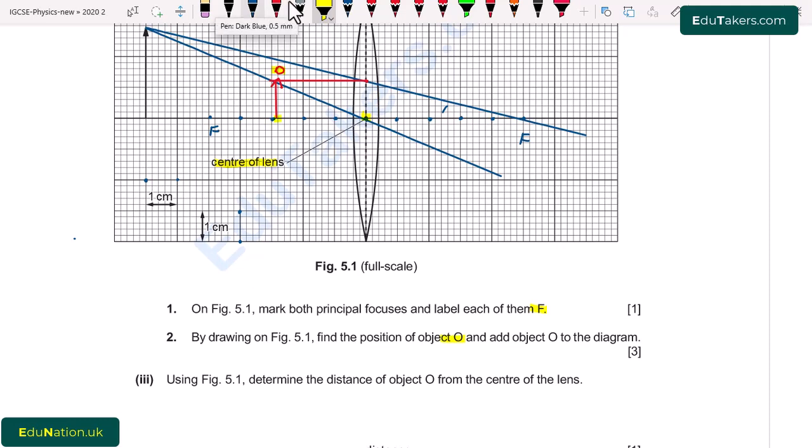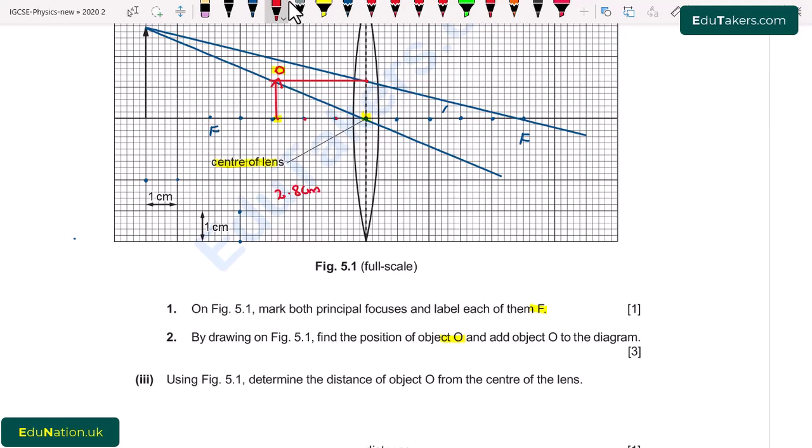First of all, you can see from here that it is 1 centimeter, it is again 1 centimeter and this point is almost at 0.8. So the total distance becomes 2.8 centimeter.